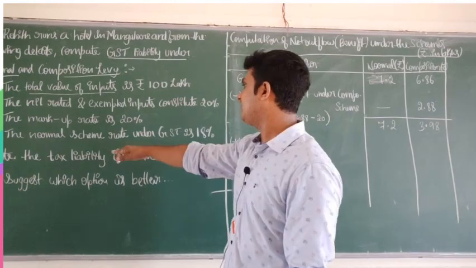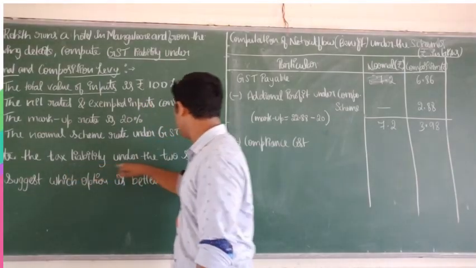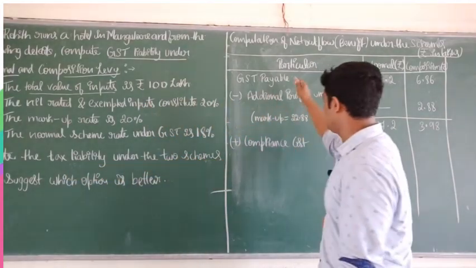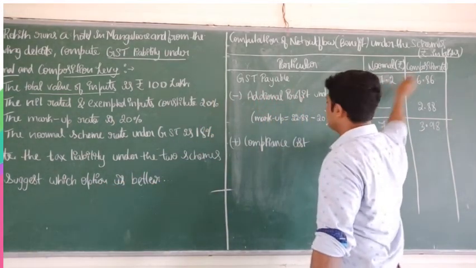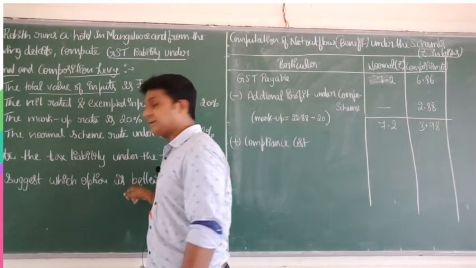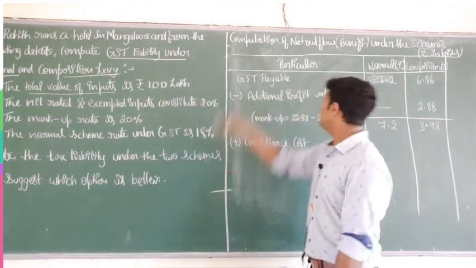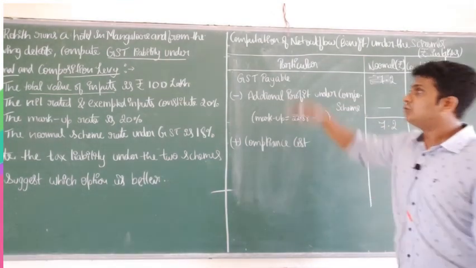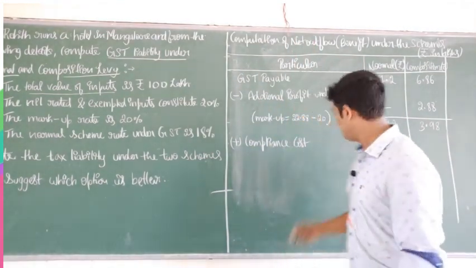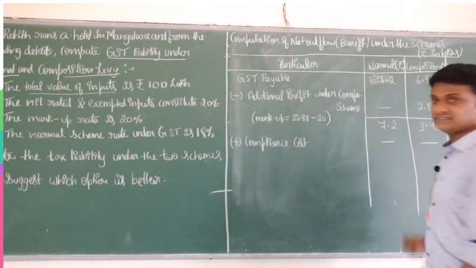At the end they have asked us to compute the tax liability under the two schemes, which you have done, and suggest which option is better. To suggest that option, we are going for this value, net outflow. So that calculation we are doing here. Nowhere in the question is compliance cost given, so in both cases it is nil or dash.